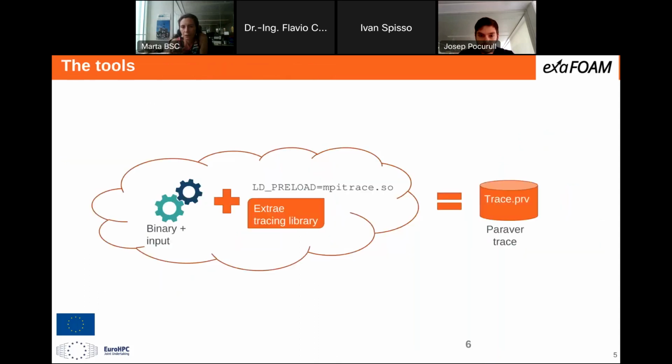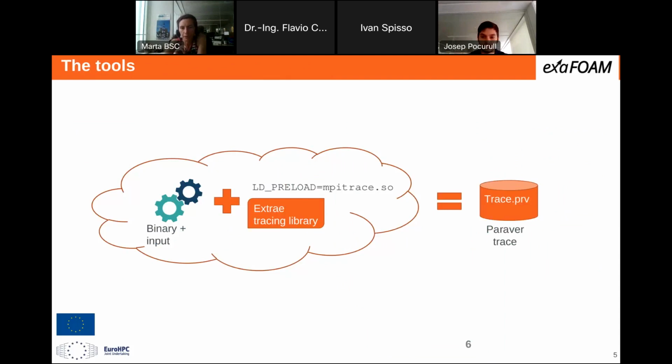So next, please. For this, we use different tools. The first thing that we need to do is to get a trace. The traces are the fundamental thing we work with for doing our performance analysis, and the traces capture what is happening inside a real execution.